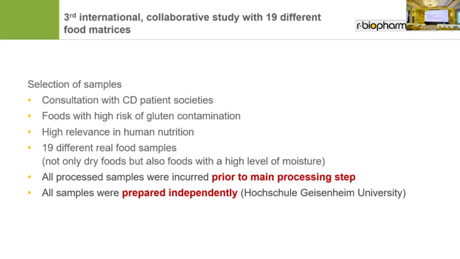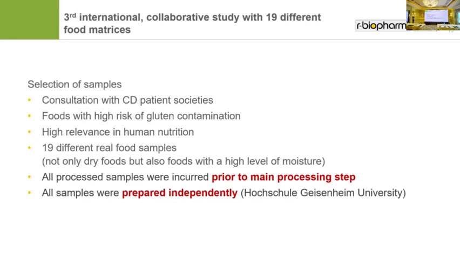We have included, for example, a fish food preparation. You may imagine that moist fish is not stable for a long time. We have here a big problem with microbial contamination and degradation of this sample.